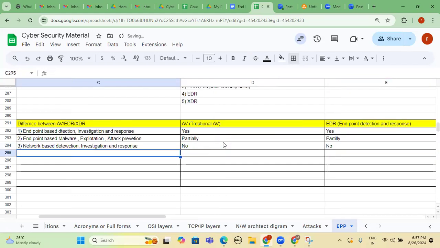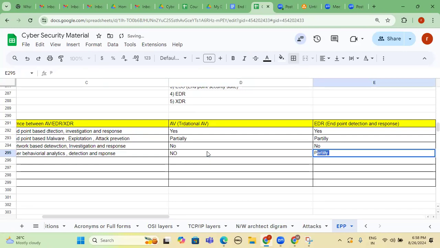In the similar way, the fourth capability, user behavior analytics, UBA, and SOAR capability, basically detection and response. So antivirus, no, it doesn't have that capability.